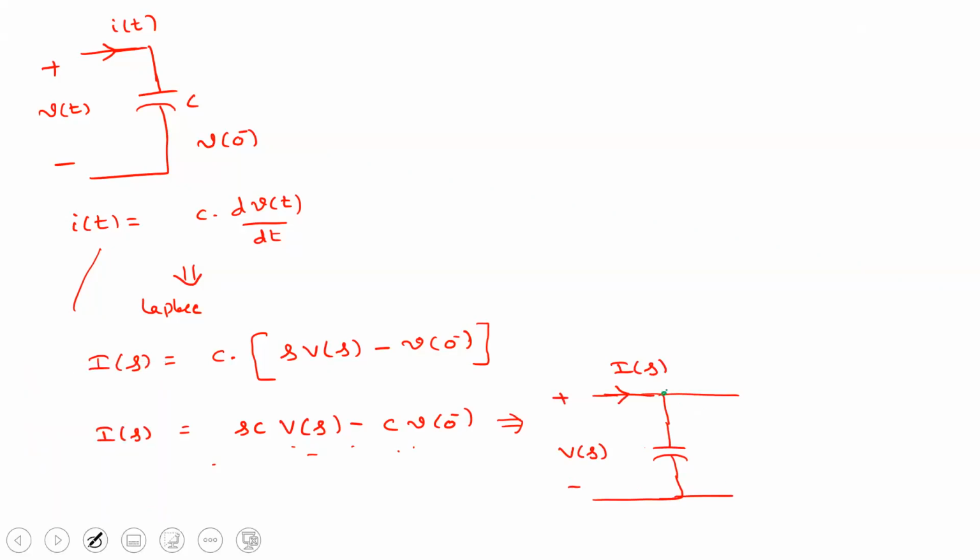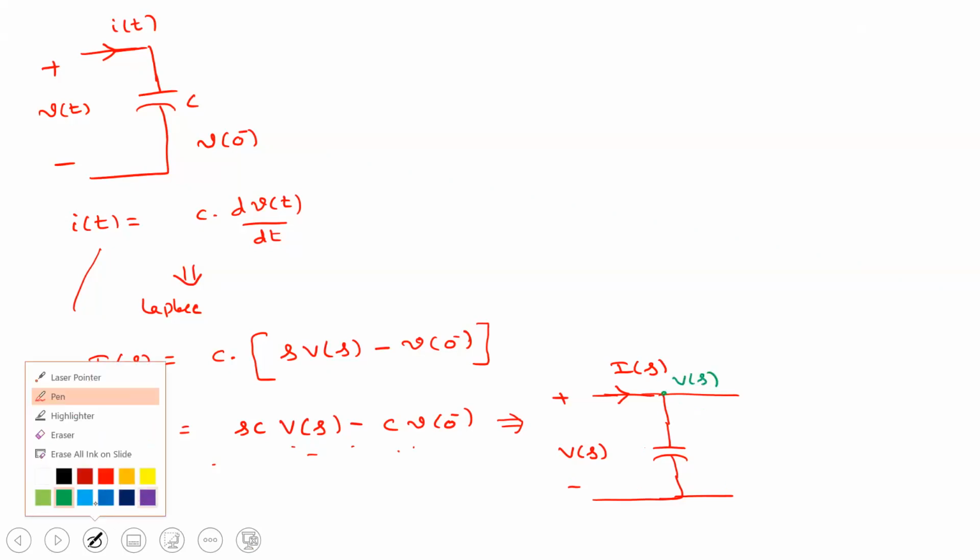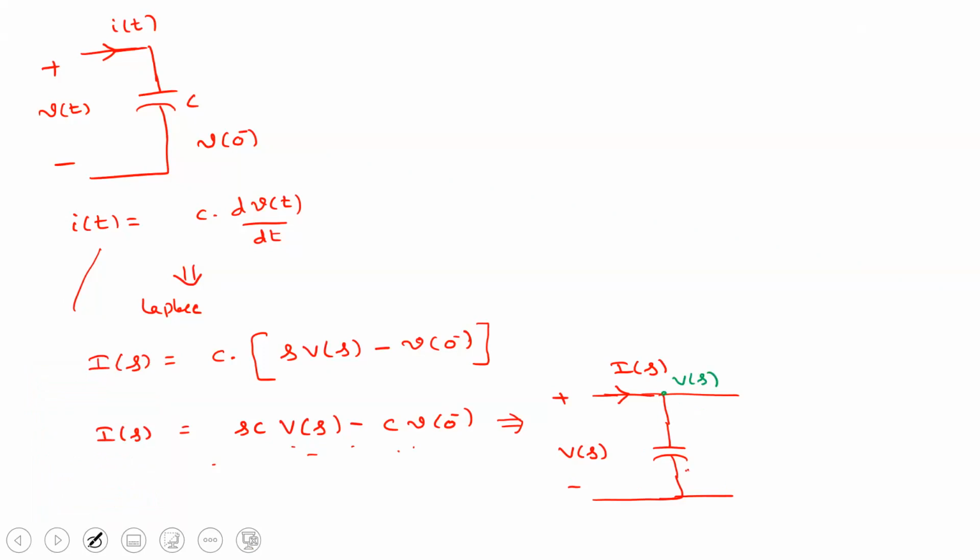This node voltage is also V of S. So what is the value of that particular capacitor? What is the value here? S into C, right? Yes, S into C.